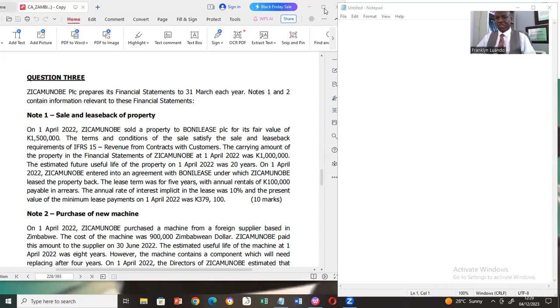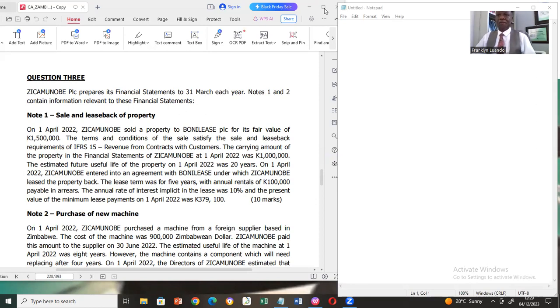It will be assumed that a sale has taken place when the performance obligations are satisfied as per IFRS 15. The performance obligation is satisfied when the buyer takes control of the property and is able to direct the use of the property without any restrictions.